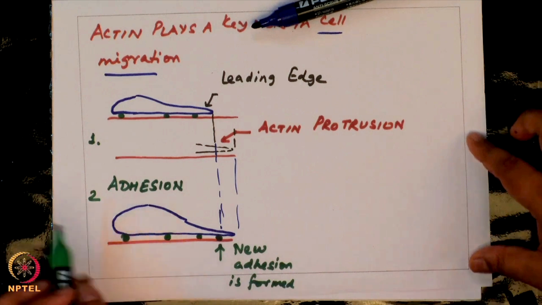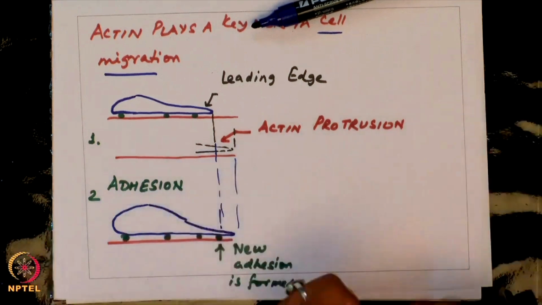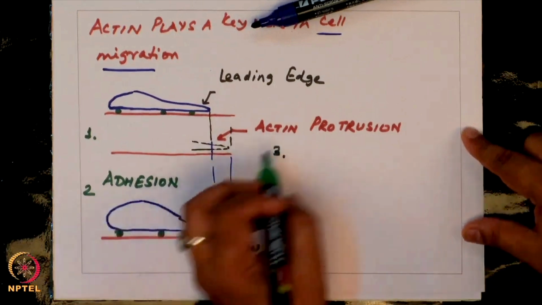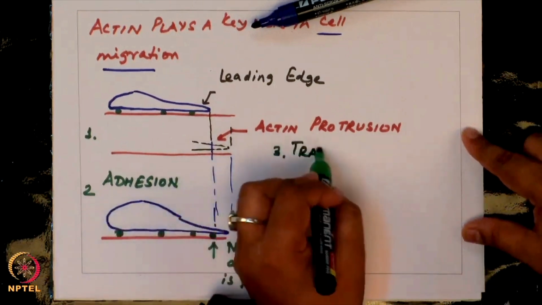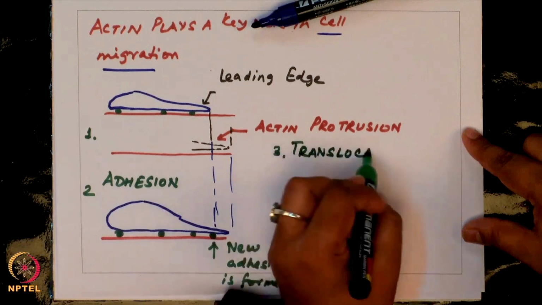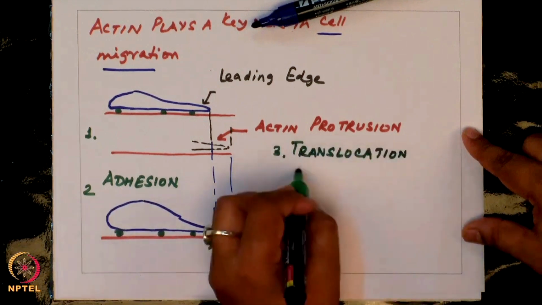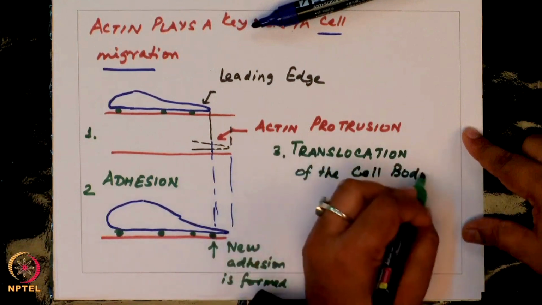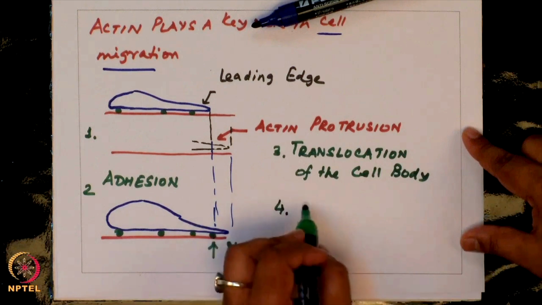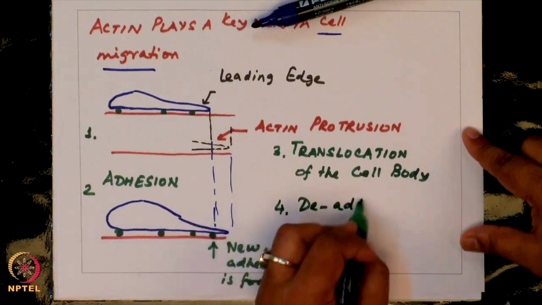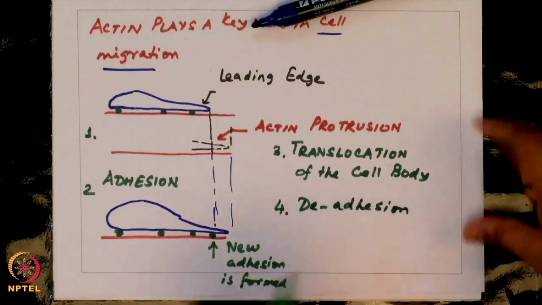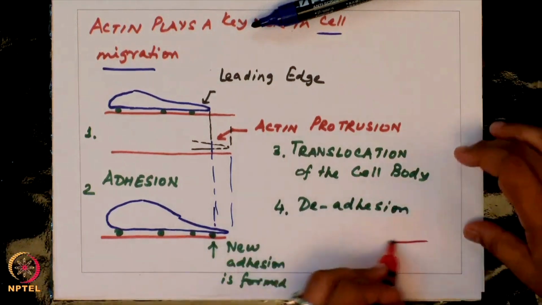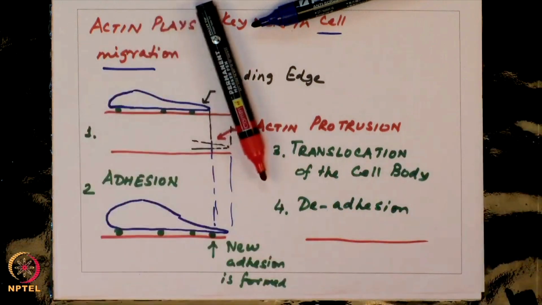And subsequently in steps 3 and 4. In step 3 you have translocation of the cell body, and finally in step 4 you have de-adhesion. So, what is de-adhesion? I will draw de-adhesion for you.